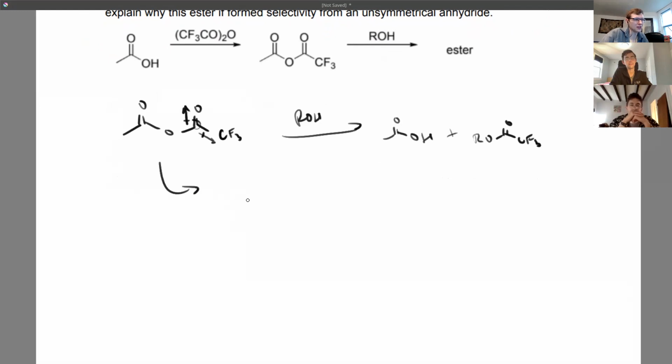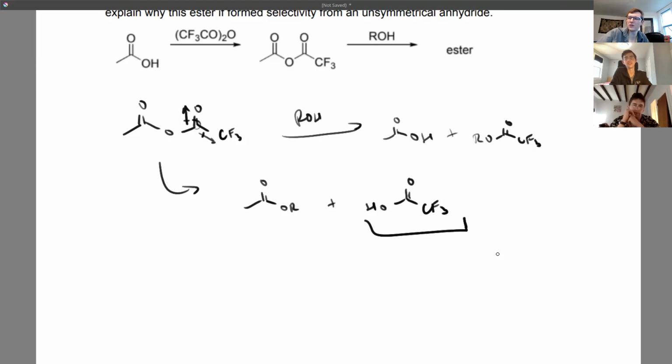Yeah, the solution says that it's because this at the end of the day is the better acid, and so it's kind of going to be better off as being the acid. That doesn't make a lot of sense to me though. Yeah, that kills me. I wouldn't have gotten there.